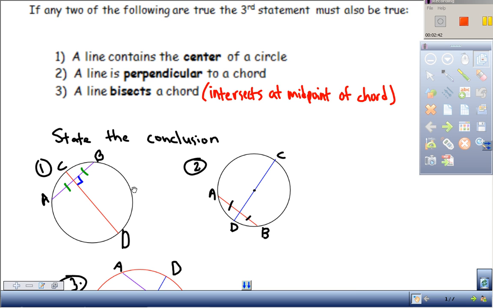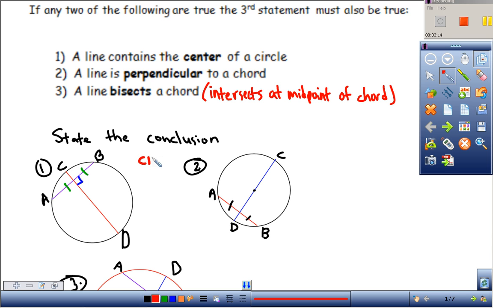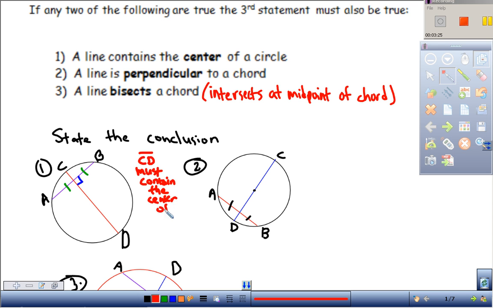So I'm going to write that conclusion down. Segment CD must contain the center of the circle. Okay, and also I could say CD is the diameter of the circle. That would be a true statement as well.